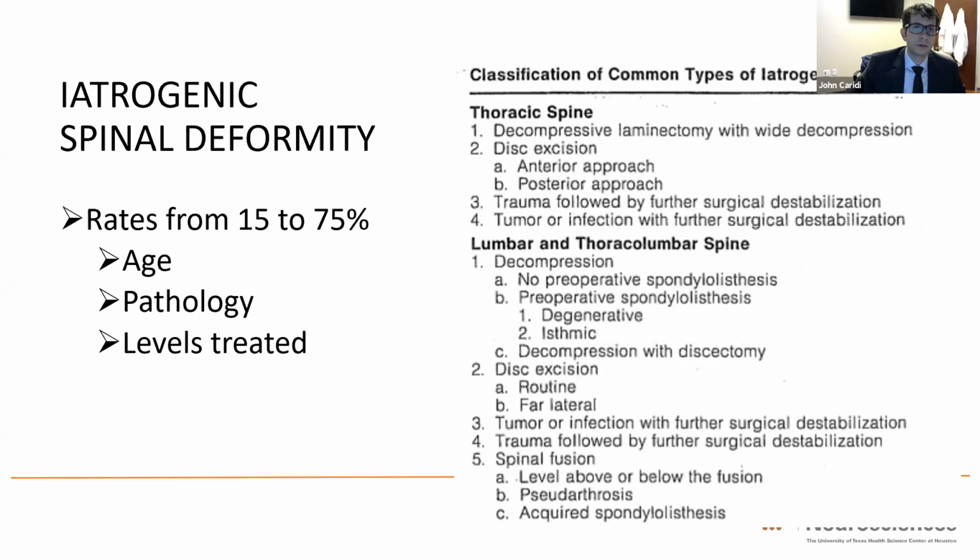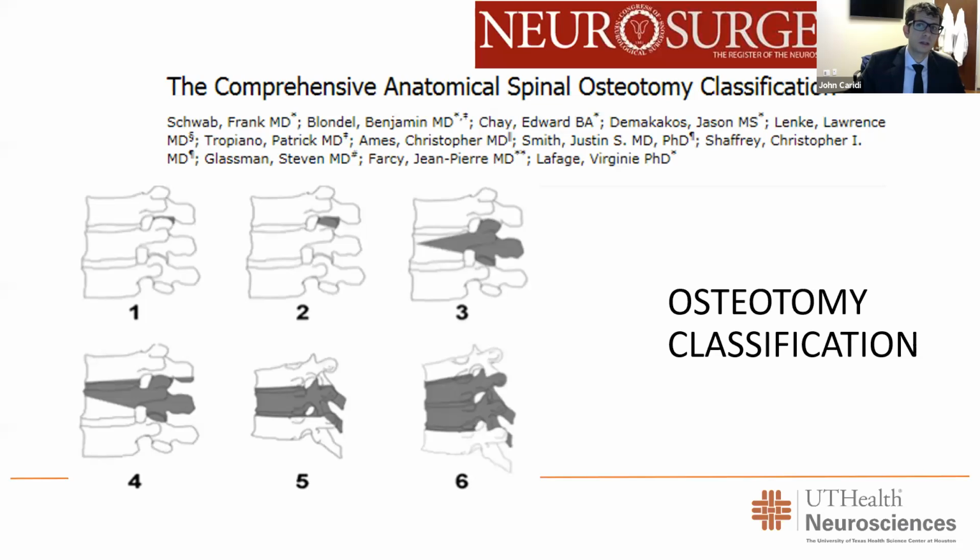So I did just want to touch on this, and this is what exactly are we going to do when we talk about correcting these deformities? And typically, you're going to end up doing some manner of osteotomy. And this is the classification that Schwab published, I think in 2015, basically just describing each type of osteotomy.